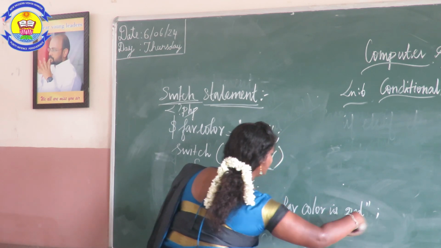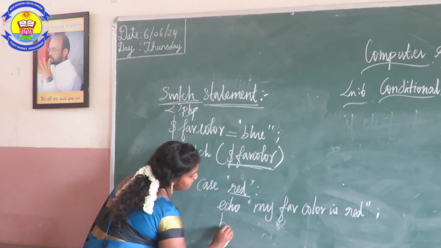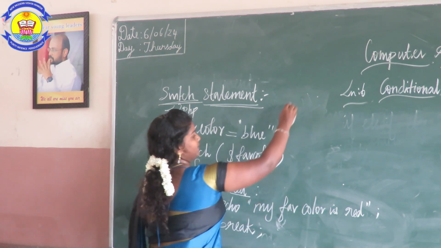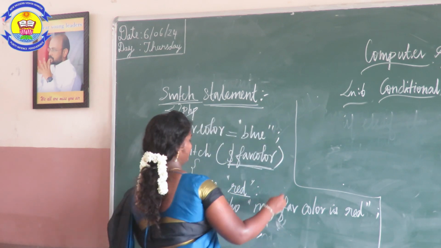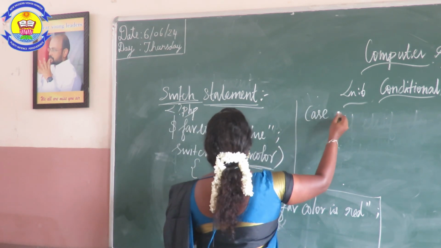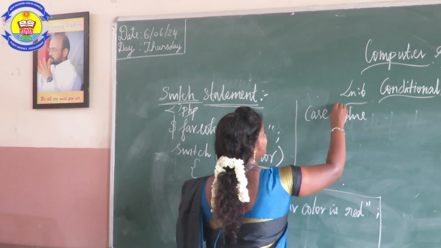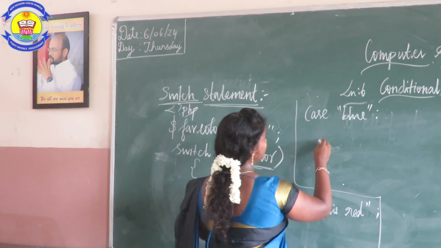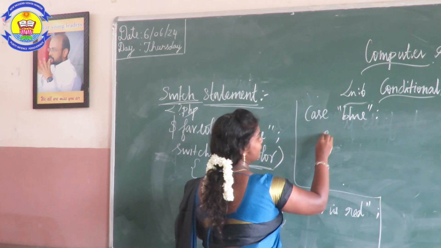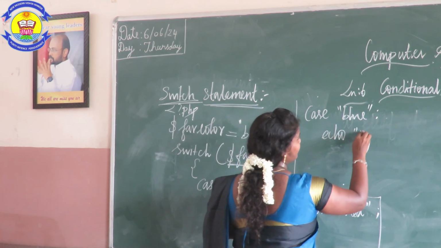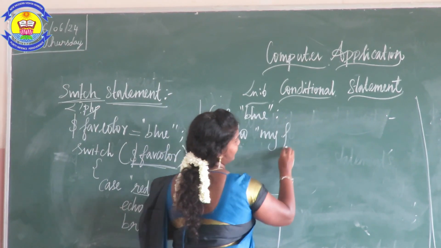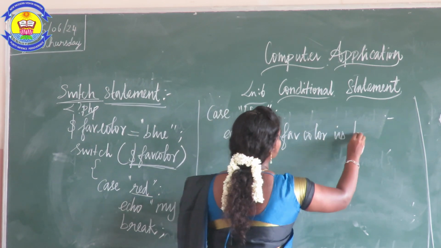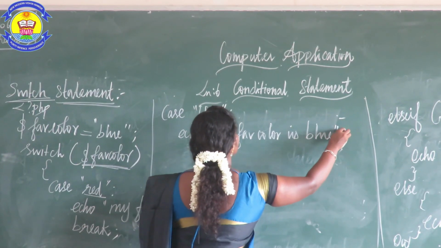Okay, after that I'm giving the break, and the second case is blue. I'm choosing the second color, blue. If it matches, it will print the echo statement: my favorite color is blue.